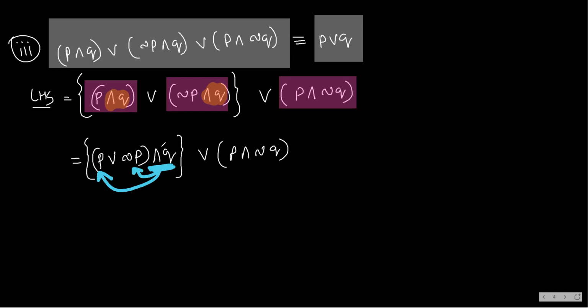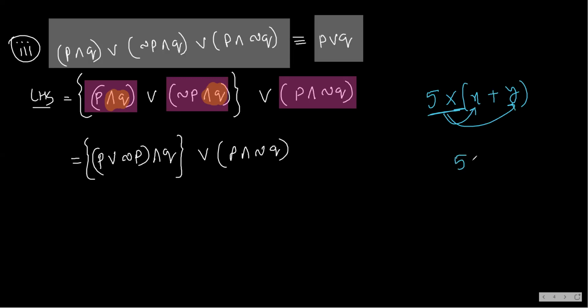So if this can be distributed, it can also be taken common. I can give you an analogy with what we do in numbers. If I have 5 multiplied by x plus y, I can distribute this and write 5x plus 5y.